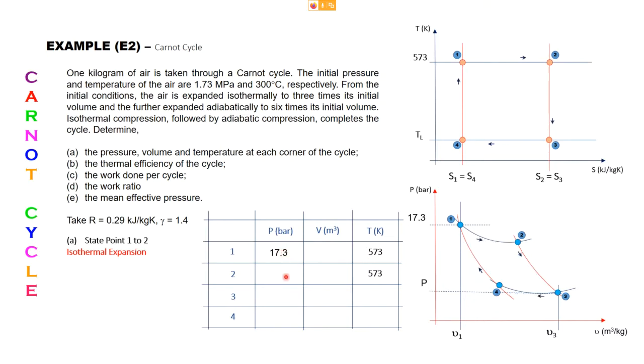So we refer to state point 1, 2 to find the pressure P2. 1 to 2 is isothermal, so you cannot use the isentropic formula. At point 1 itself, you can find out V1. Once you have found V1, write it into the table.